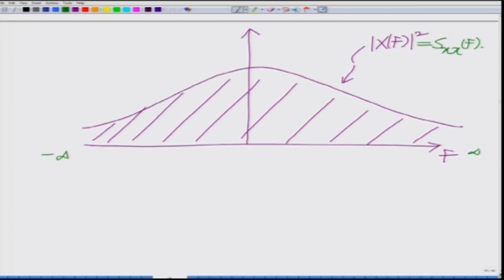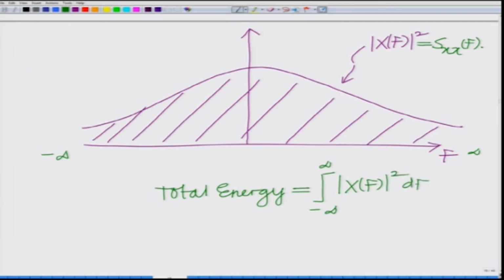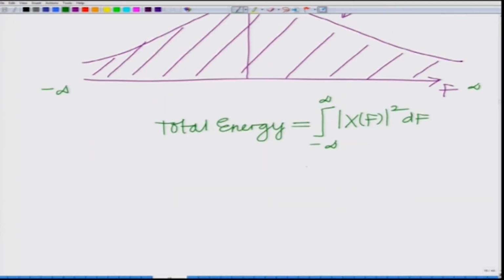So, total energy, integral minus infinity to infinity magnitude x f square df equals integral minus infinity to infinity S x x f df.